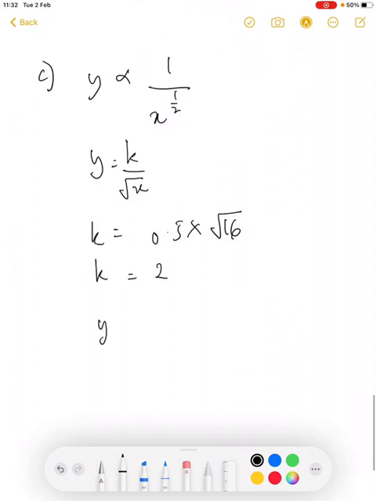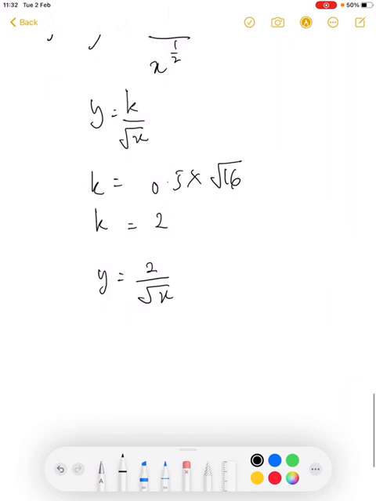So y equals 2 over the square root of x. When x equals 0.04, y equals 10.